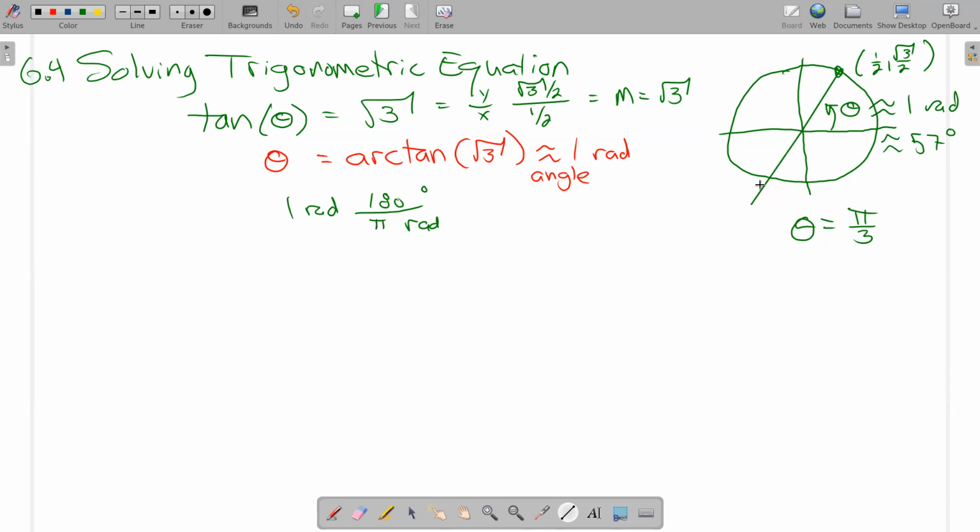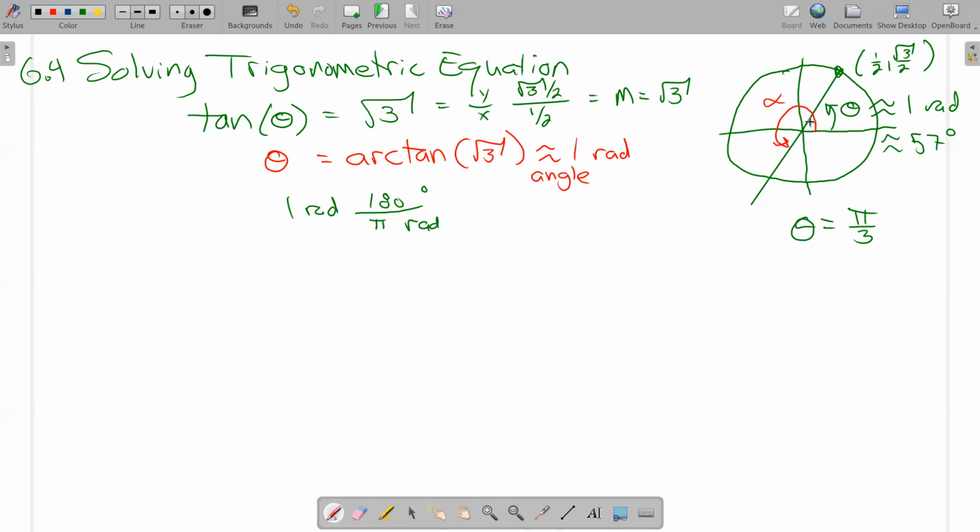That line, that's still the same slope. So there's another angle that has that same slope. That would be this one over here. Okay, let's call that angle alpha. What is alpha here? Well, the arctangent did not give me this angle alpha. It definitely gave me this one up here, theta, in the first quadrant.